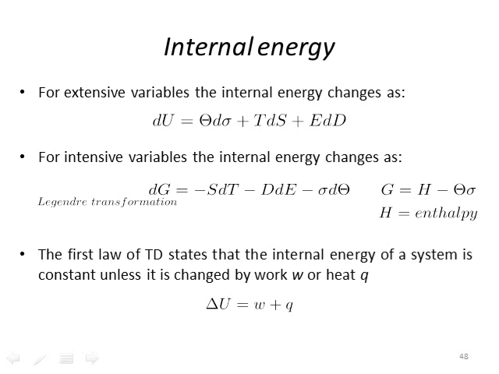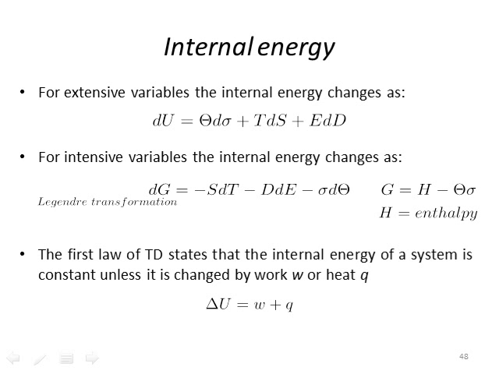And then we use terms minus S dT, stress and strain, minus D dE, electric field, minus sigma d theta, which is the temperature. Okay, so we're going to move between intensive and extensive variables, and then we need to be able to go between these two forms of internal energy changes.